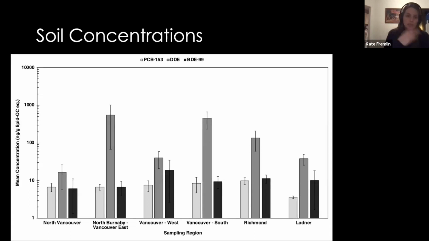Using data from John of owls that are collected across Metro Vancouver, and their livers are analyzed when they've died for these rodenticides, I basically found through my risk assessment that there's potentially enough rodenticide usage across North Vancouver in particular that it could pose a risk to owls.